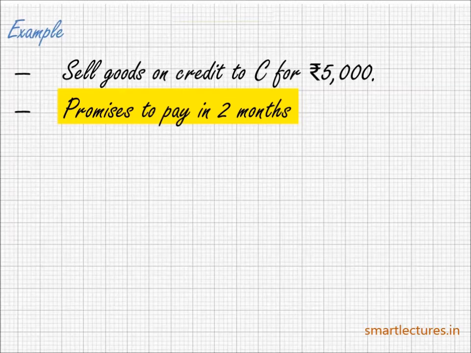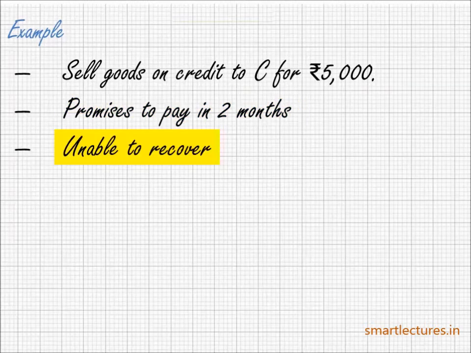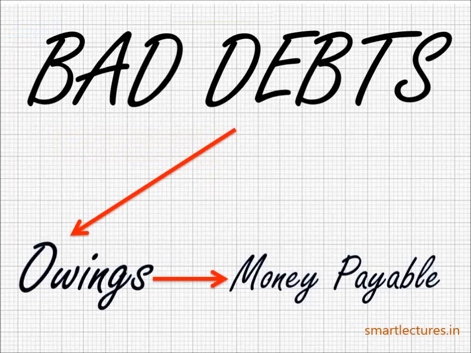But after 2 months, we are not able to recover the money from him. Whatever the reason, maybe he passes away, becomes insolvent, or becomes dishonest, we are not able to recover the money. It means that is our loss, and the name of this loss is called bad debts.